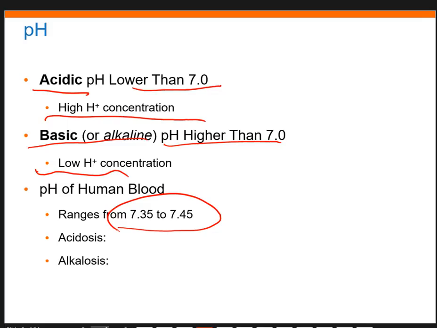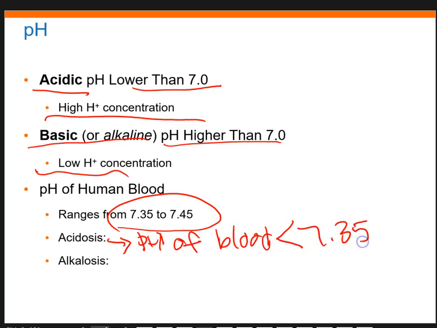Acidosis is the disease that occurs when the blood is too acidic. So acidosis is when the pH of the blood is too low, less than 7.35. If it's less than 7.35, it's too acidic. The person has acidosis.